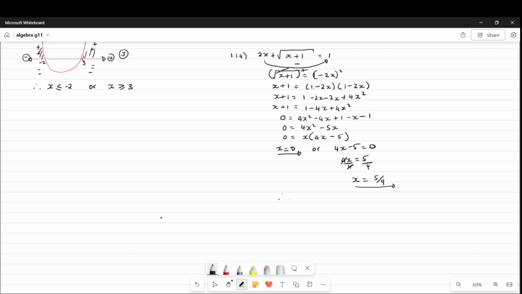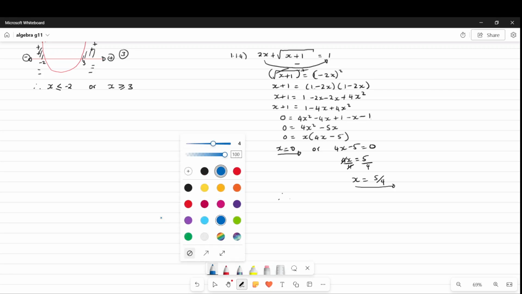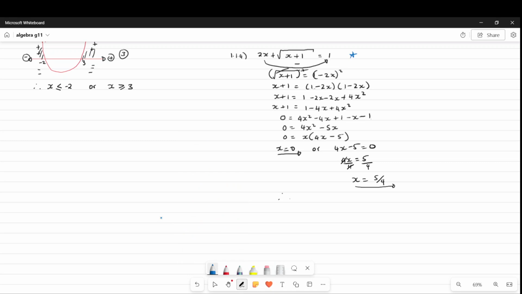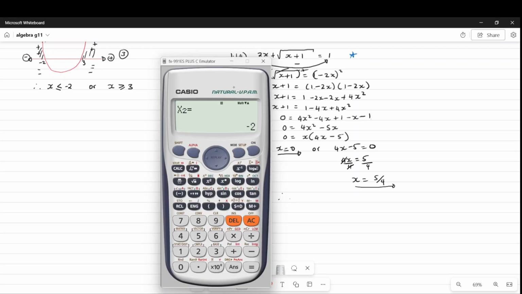So you're going to come back to the original equation up here and test. You're going to take each x value and substitute it wherever there's x to see if it gives you 1 as the final answer.